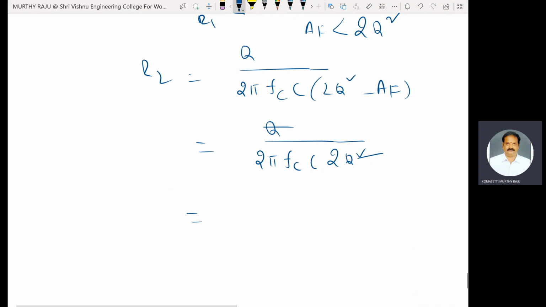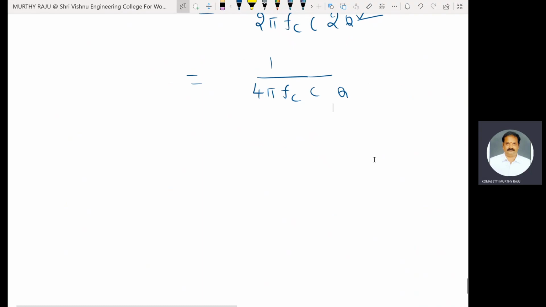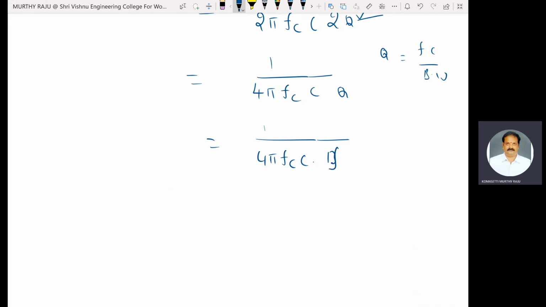Therefore, R2 is equal to 1 by 4 pi Fc C into Q. But we know that quality factor Q is equal to Fc by bandwidth. Therefore, R2 is equal to bandwidth by 4 pi C Fc square.